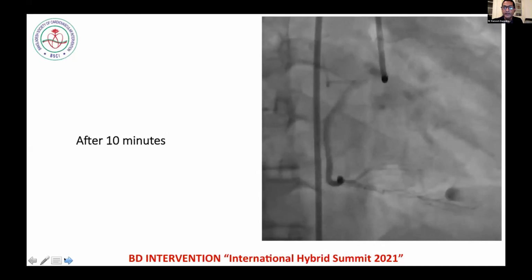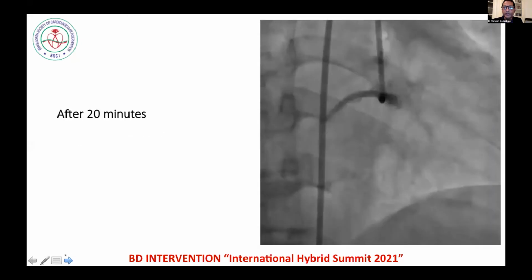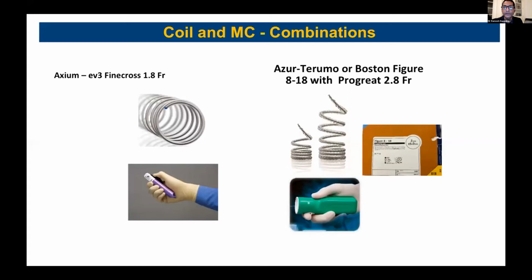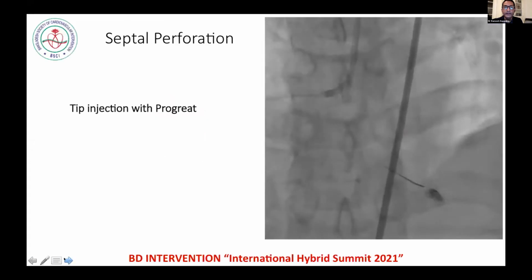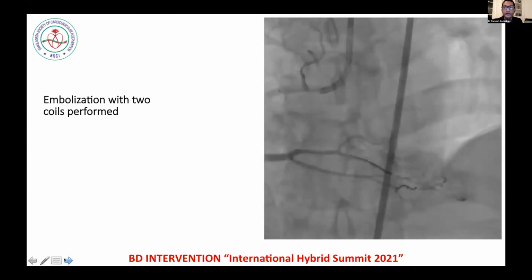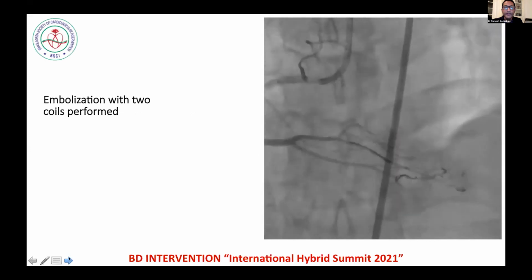It is still getting slightly bigger. After 20 minutes, there is no point anymore, and it's getting much larger. So that's not going to close. We sacrificed that with the appropriate coils. After 2 coils, the perforation was completely sealed off. So 2 coils were given to that small branch in the PDA.